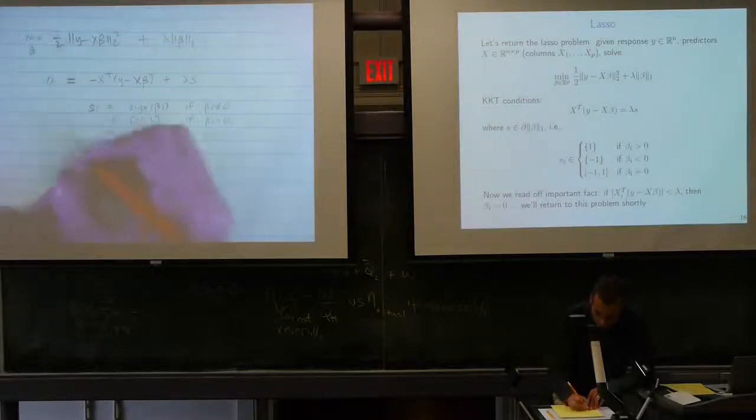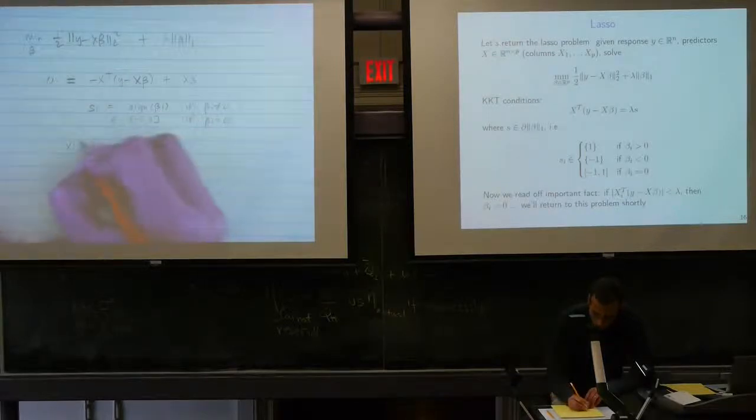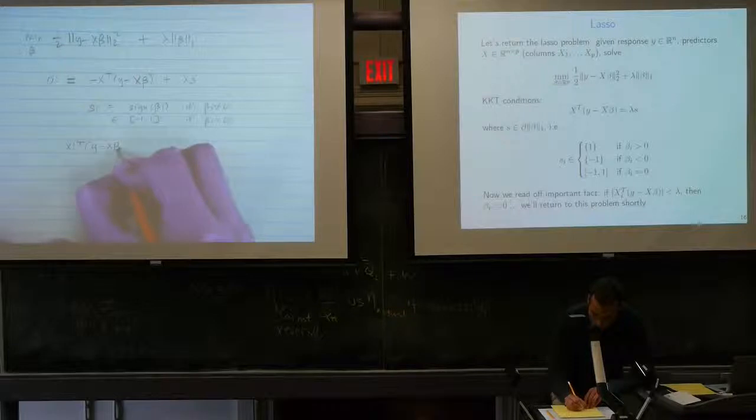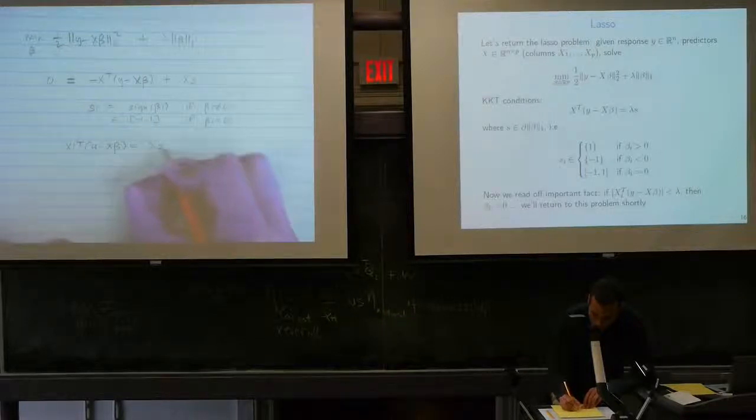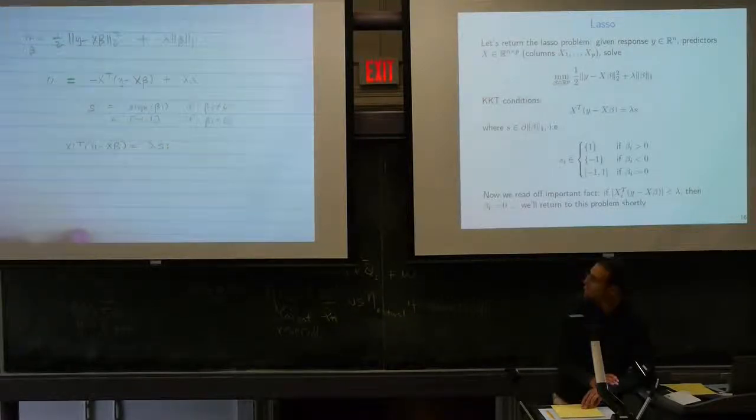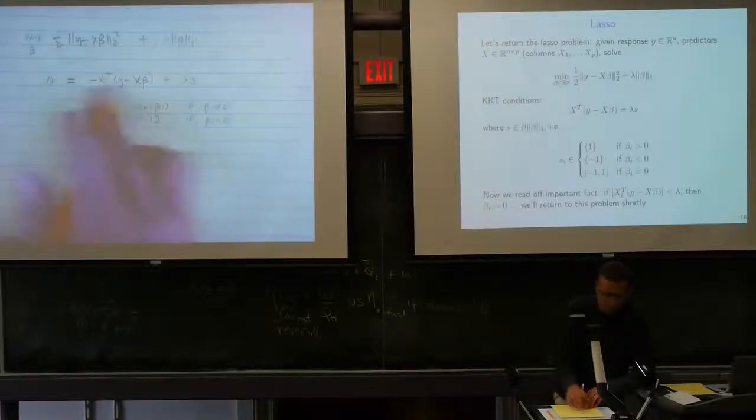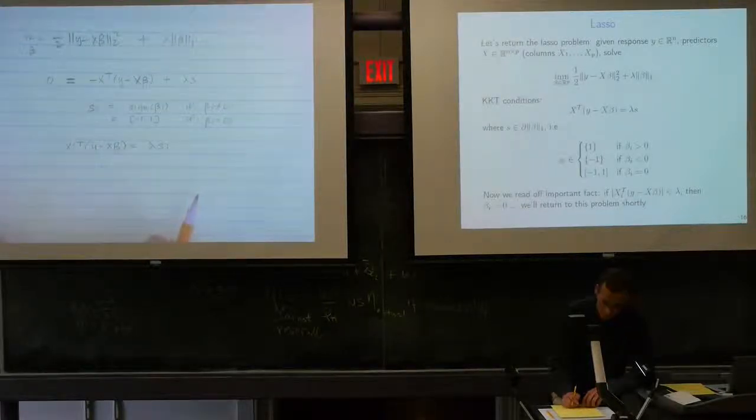So let's just rearrange that. That tells us, looking at each component, xi transpose times y minus x beta is equal to lambda times Si. I just looked at the ith component of each side and moved this to the other side.